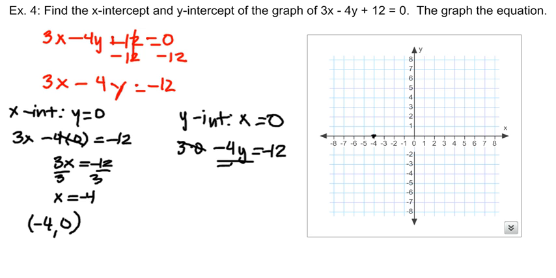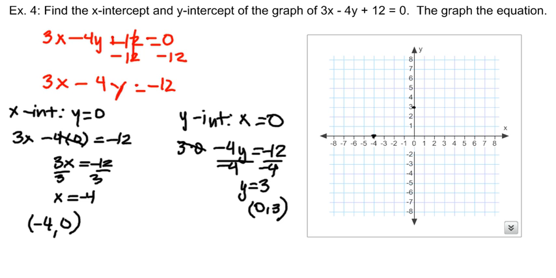Divide both sides by negative 4, and y equals positive 3. Again, this works because at the y-intercept where we're crossing the y-axis, the x value has to be 0, and now we just figured out that the y value is 3. Okay, so my y-intercept, when I go to graph it, is at 0, 3, right here.